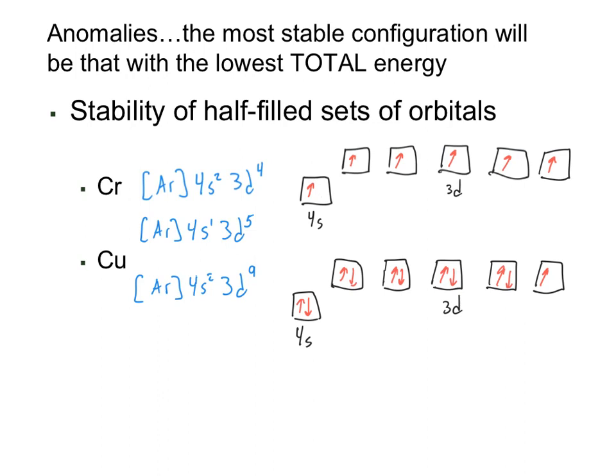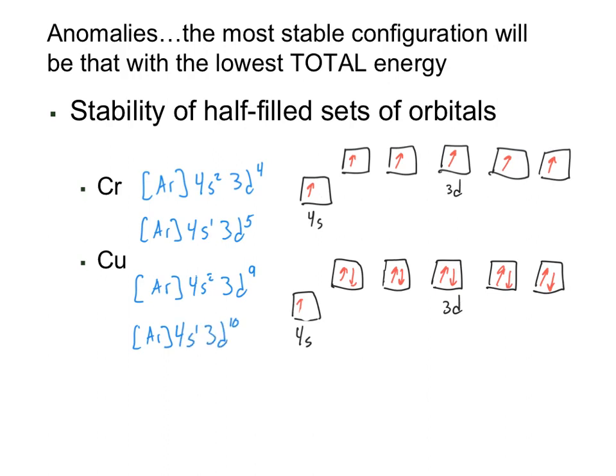And similarly to chromium, though, it turns out that if we are able to rob one electron from that s orbital and instead place that into the d orbital, that full d orbital and a half full s orbital is a more favorable energy conformation. And so the actual configuration for copper ends up 4s1, 3d10.